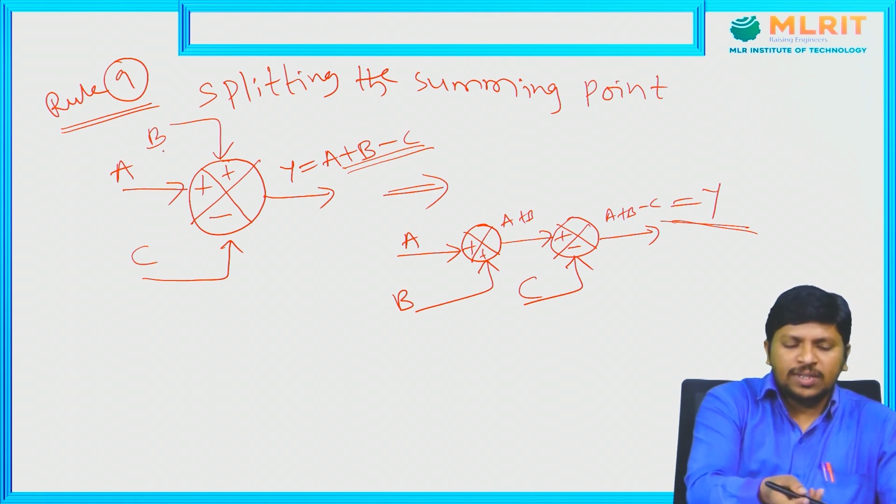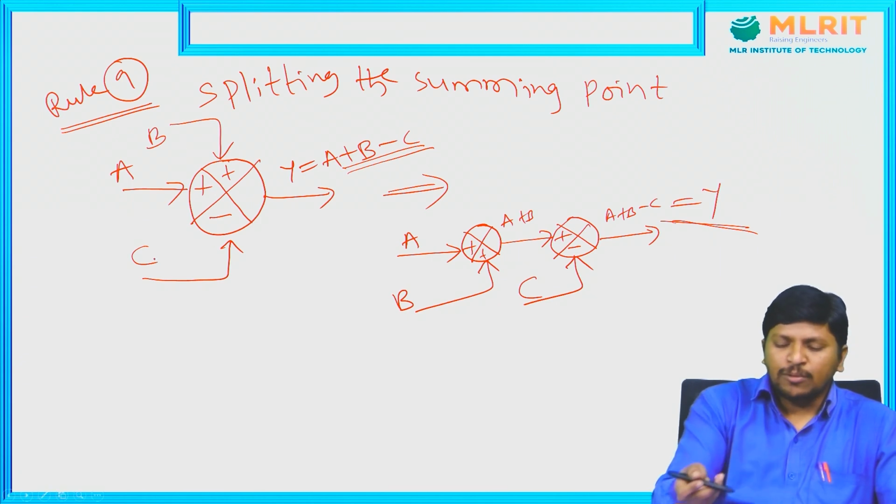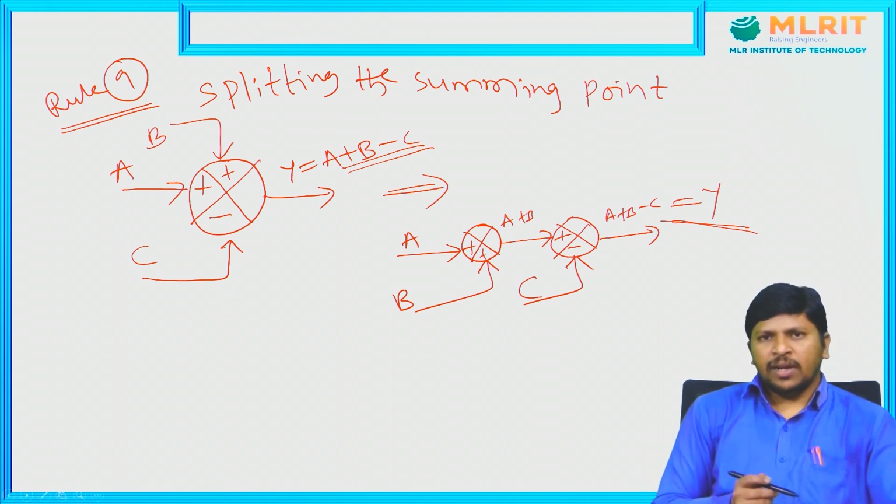More than two inputs means here three inputs are available for the summing point, single output. That's why I am going to split it into two inputs. Here A and B inputs to this summing point, and for this C is the input and A plus B is the input. Finally output is A plus B minus C.